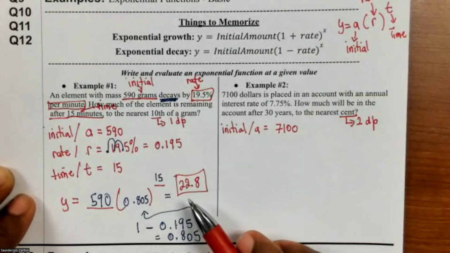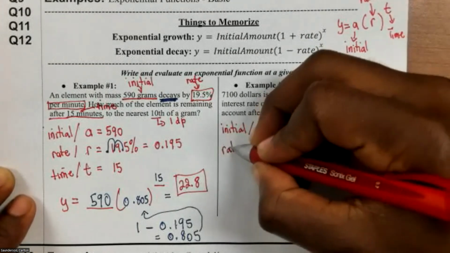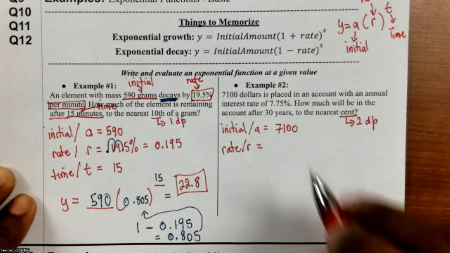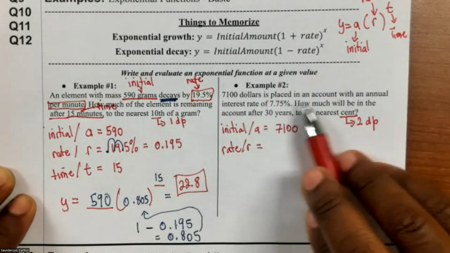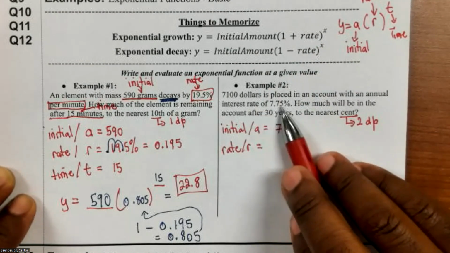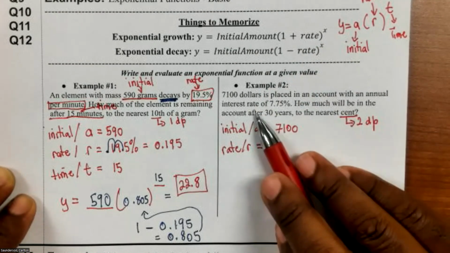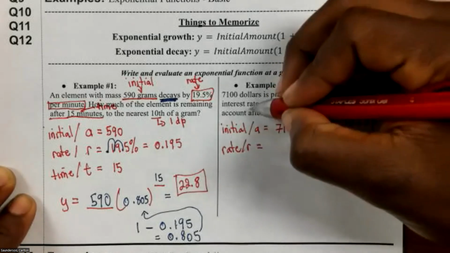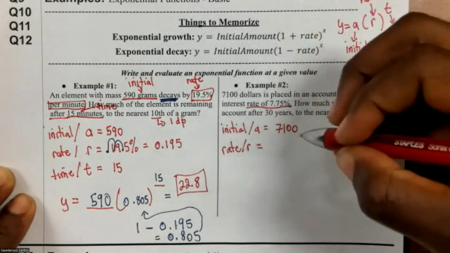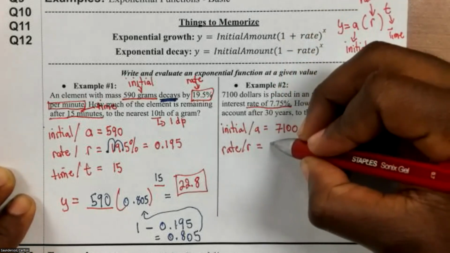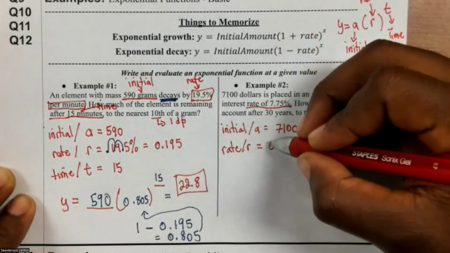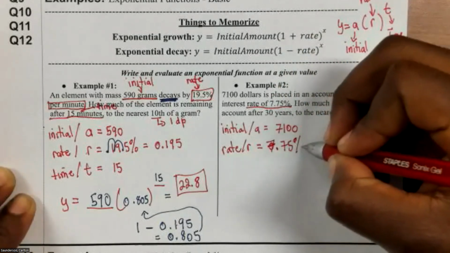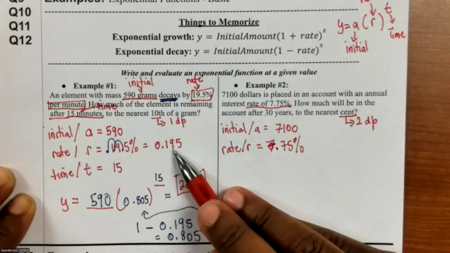Now we're going to identify what represents your rate, or your R. Your rate can be represented using this interest gain. It said it had an annual interest rate of 7.75%. It literally says rate. However, guys, you do not want a percentage, we want a decimal.